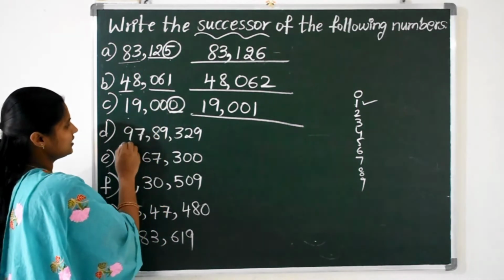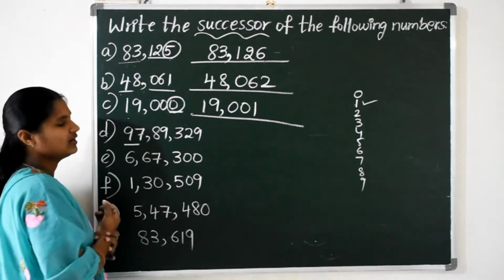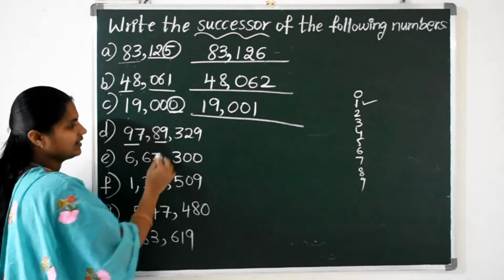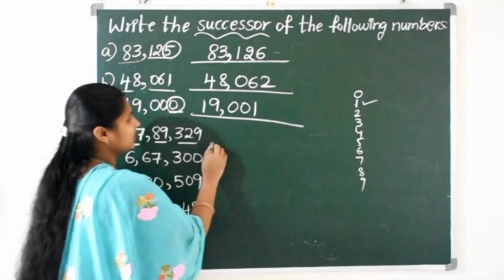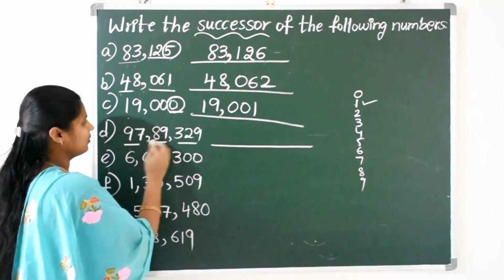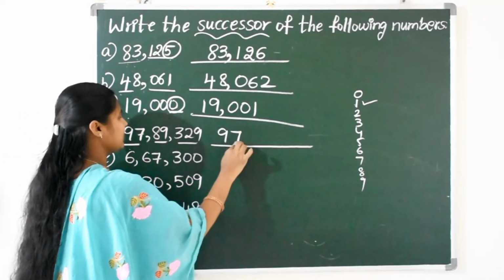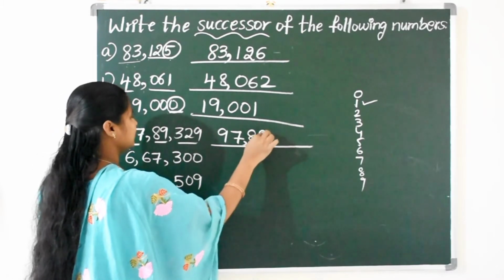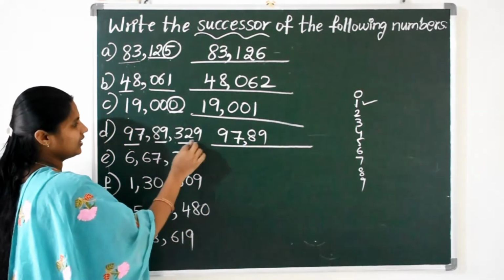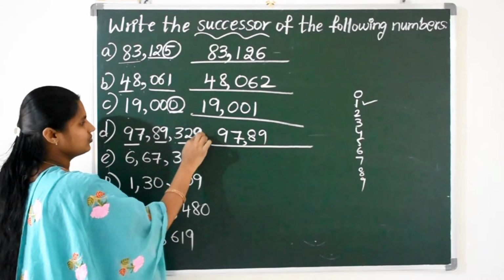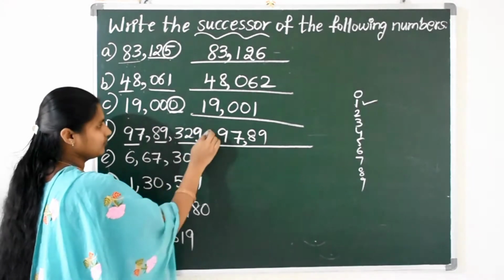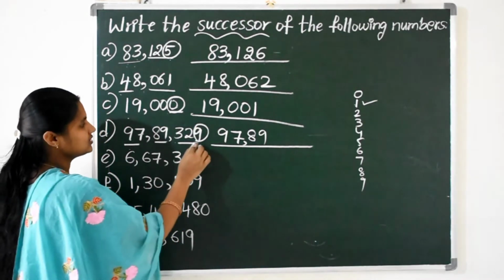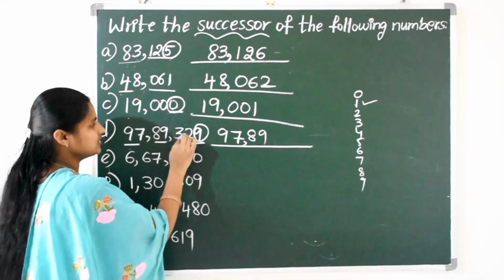Okay? Now see here 97 lakhs 89,329. Same, write down as it is. 97 lakh 89,329. If you see here the last digit is 9, then check the last 2 digits.